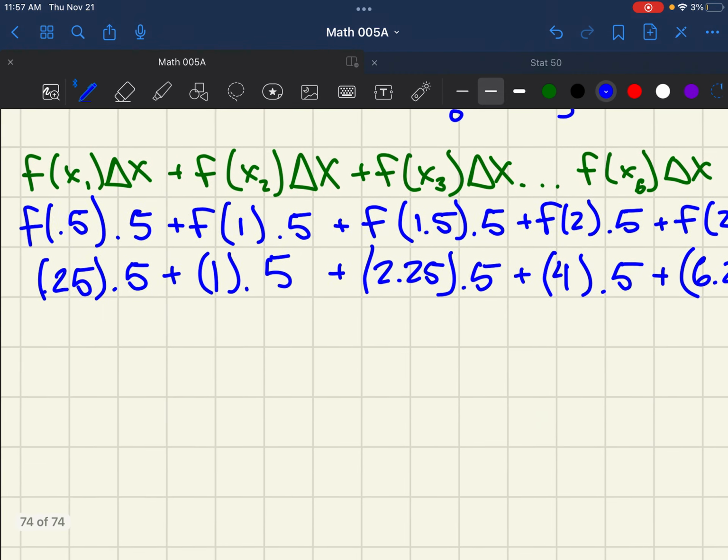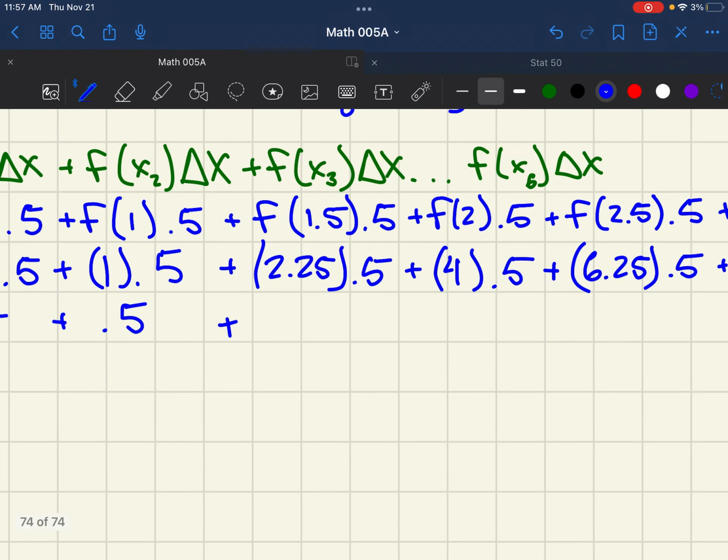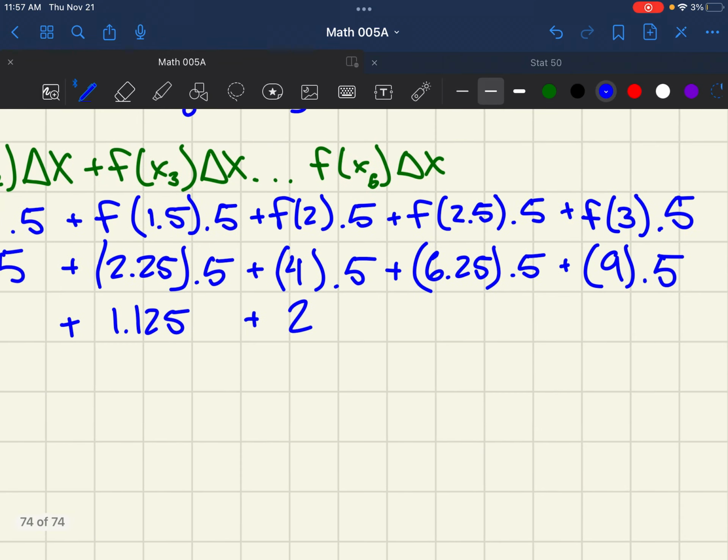And when you multiply by 0.5, you cut all of them in half, so this is just 0.125 plus 0.5 plus 1.125 plus 2 plus 3.125 plus 3.